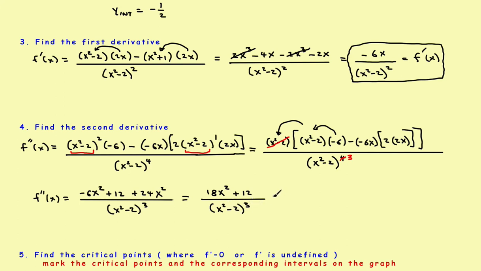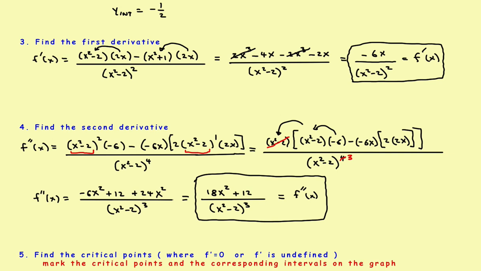So that's going to be the second derivative. So the second derivative would be this right here. So now I've got the first derivative and the second derivative. I'll go ahead and again put a little box around that one just to isolate it. And actually, that's probably the hardest part of this whole process, is finding the first and second derivatives. So now we've got those, and we'll use these two things to give us information about the graph.